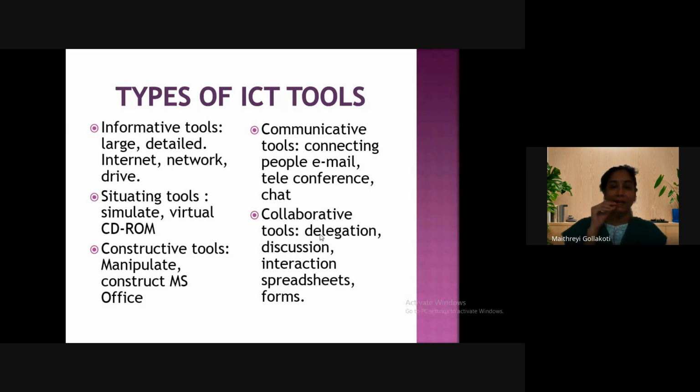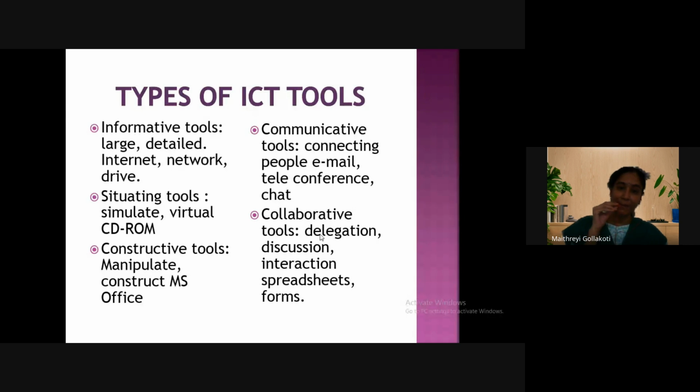So these collaborative tools are used for delegation of work, they are used for discussions, they are used for interacting with people, and the best examples are spreadsheets, forms. In Google Form, we all post different kinds of information which can be accessed by all of us simultaneously. The same thing happens with spreadsheets.